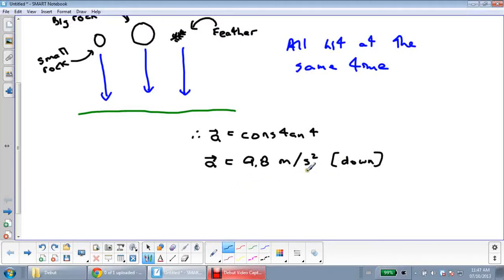Down is sometimes hard to translate into a question, so when it comes time to use it in a formula, we say that a is equal to minus 9.8 meters per second squared, because down is usually given a negative value. This is in math questions.